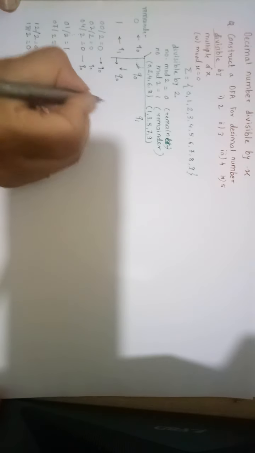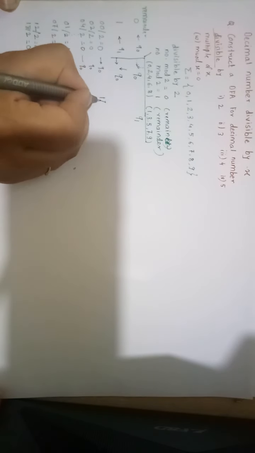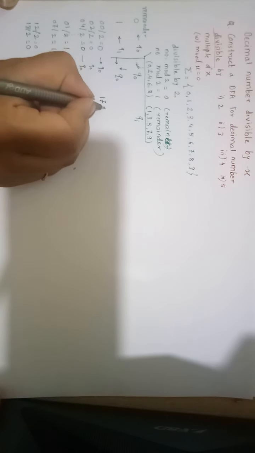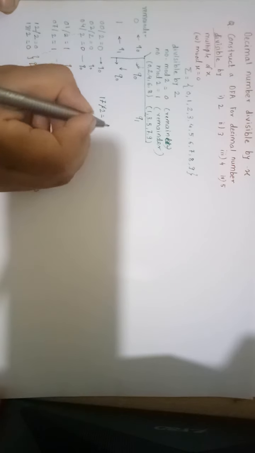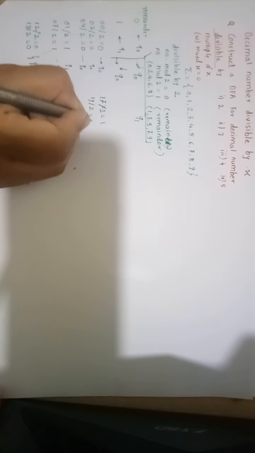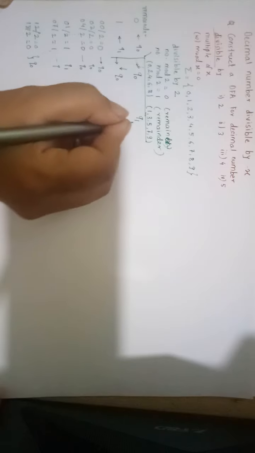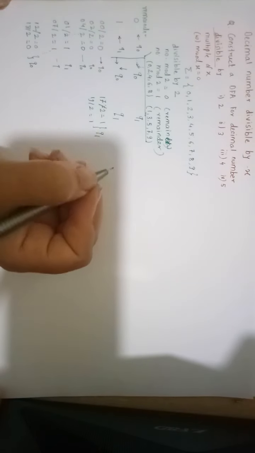Again for 11 from this side, and this is from 17, then 17 divided by 2, the remainder is equal to 1. Again 19 divided by 2, remainder is equal to 1. 1 means your Q1. So here we define Q1.